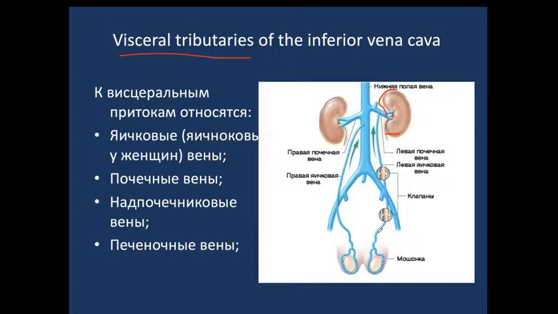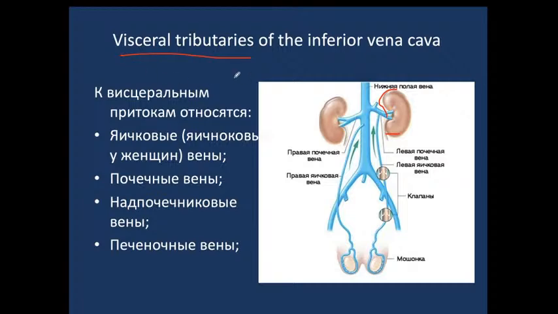Okay, coming back to our lecture. These are the visceral tributaries of the inferior vena cava: some organs, not all, but some organs, including the testes, internal and external sexual organs, rectum.